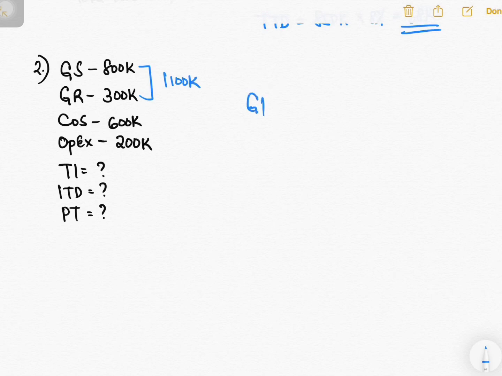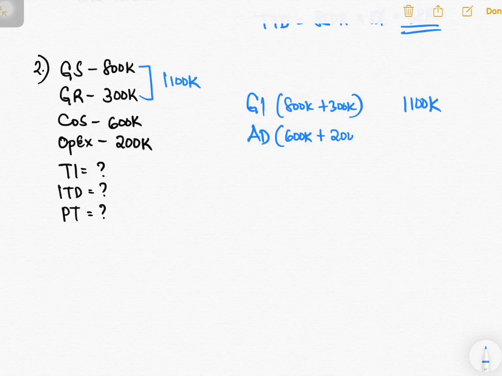So let's do the model. Gross income, 800k plus 300k, so 1.1 million. And then for your allowable deduction, the problem is silent, so you use itemized deduction. So you write your cost of sales plus your operating expenses. This is 800,000.